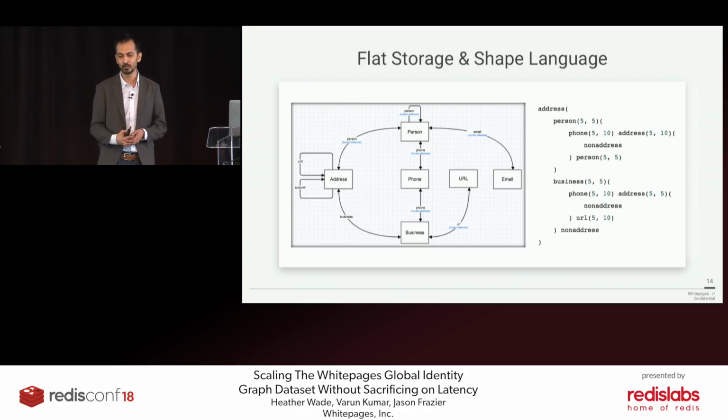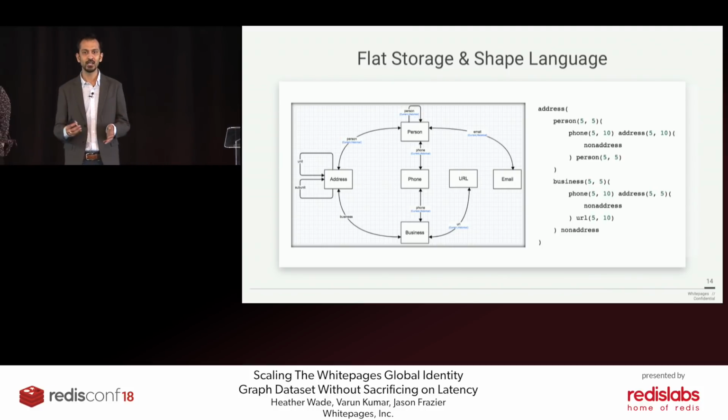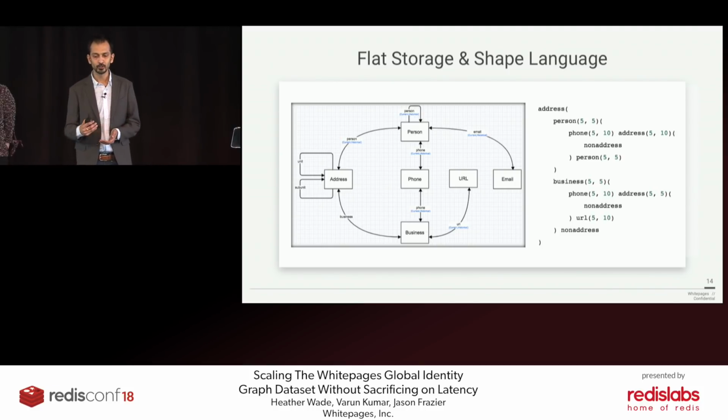We developed this on our own to map it to flat data structures. And it's simple. I want an address, so I have an ID, which is an address. For those addresses, I want persons, 5 current and 5 historical. For those persons, I want 5 current and 5 historical links to those persons, like their siblings or any person-person relation. For those persons, I need addresses again, recursively.